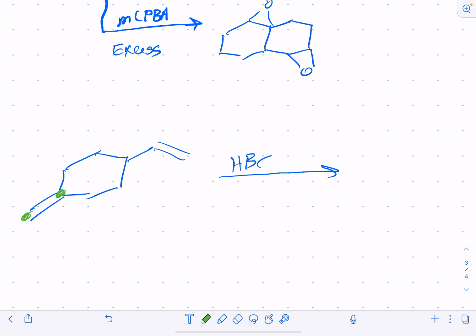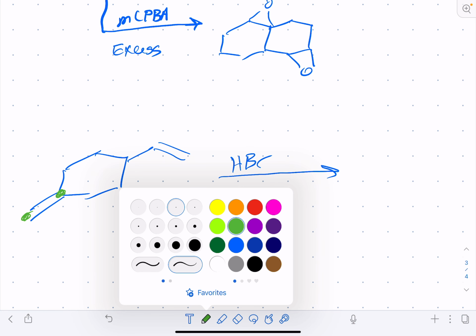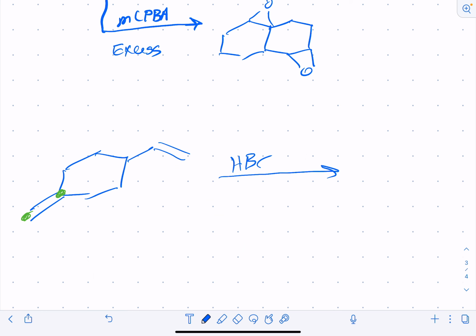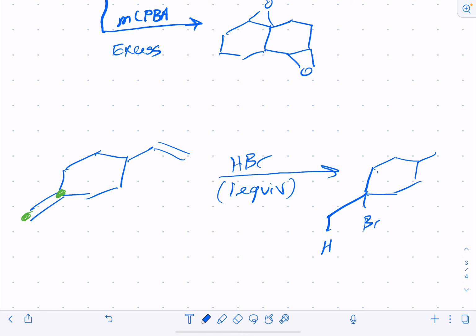It's a di-substituted double bond, so it's more electron rich. So that will be the site that will govern the reactivity if, again, I control the equivalence of that reagent that I'm using. So if I only add one equivalent of HBr relative to this system, I will hydrobrominate that double bond and leave behind this one. Okay, so it really has to do with recognizing how much reagent is there and which double bond is the most reactive of the two.